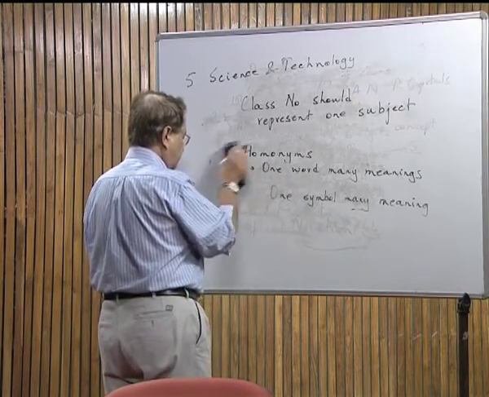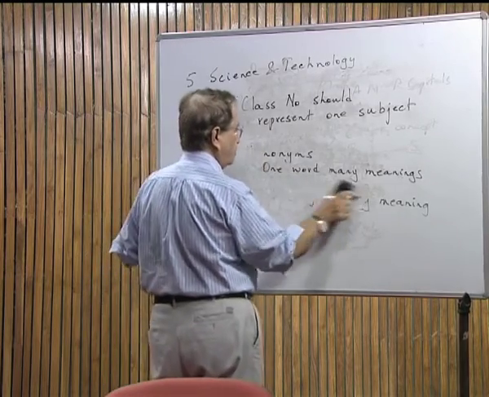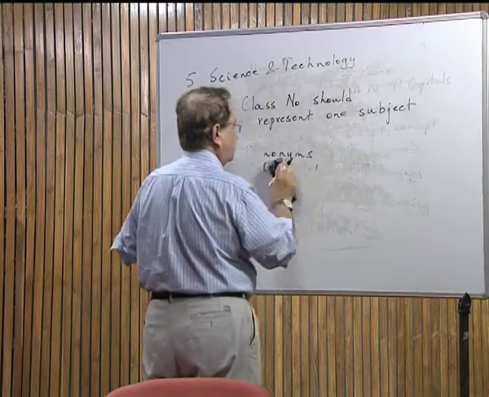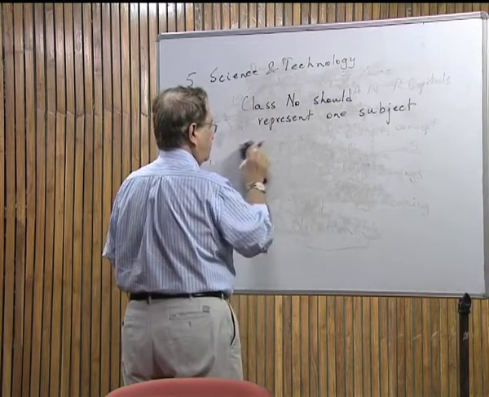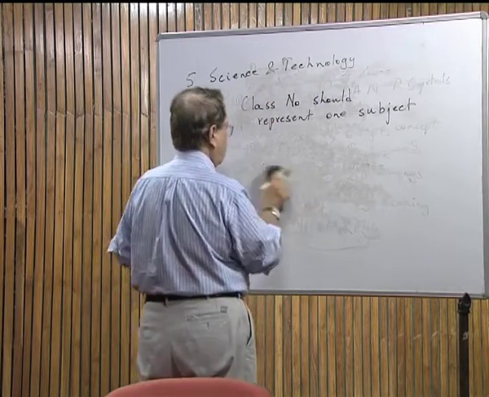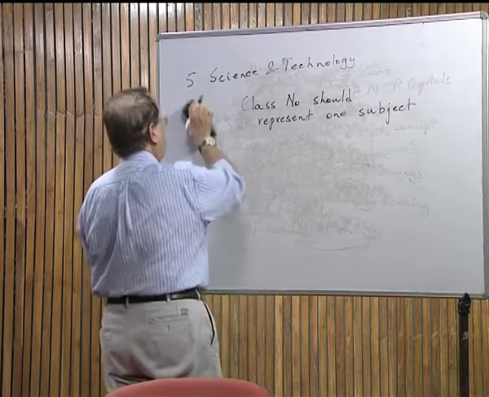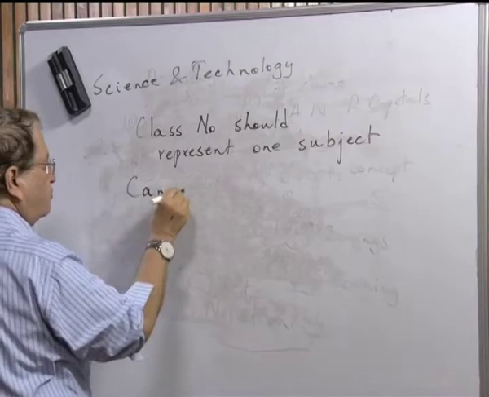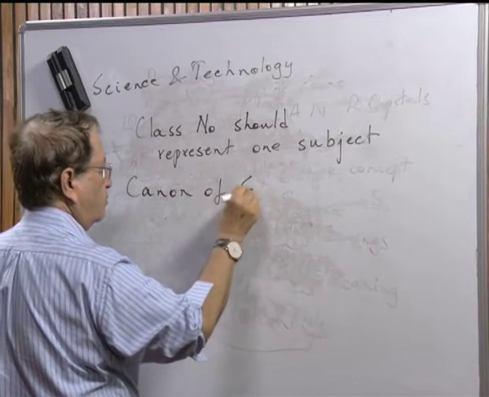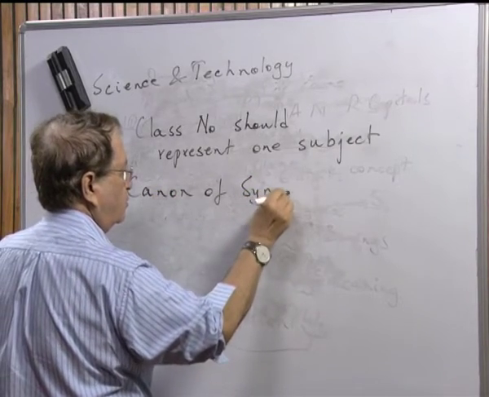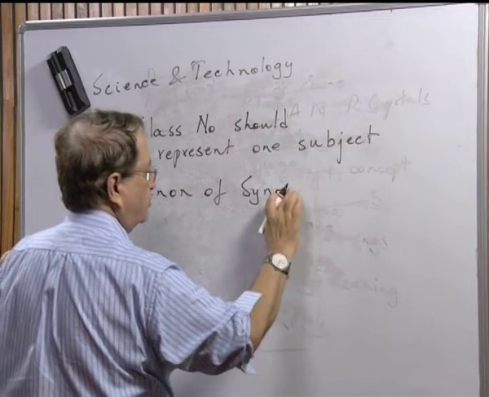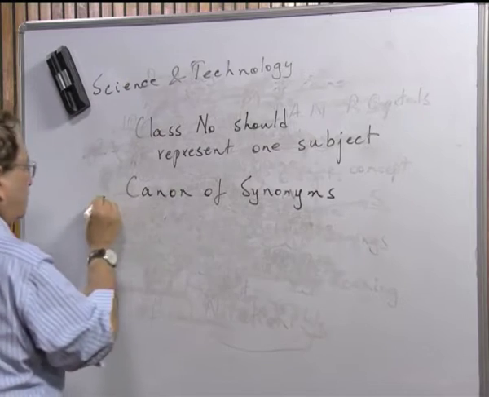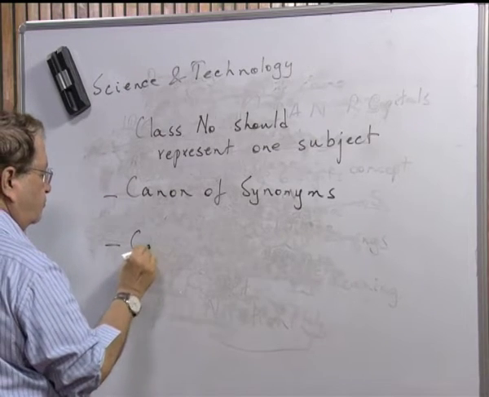This is how Ranganathan has described it. So, one of the major problems of natural language, that it abounds with synonyms, it abounds with homonyms, has to be solved by following the canon of synonyms and the canon of homonyms.